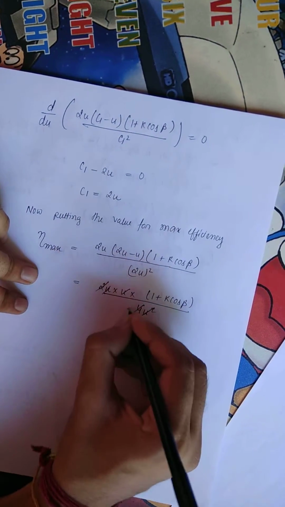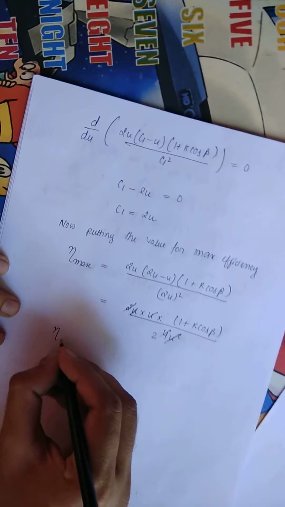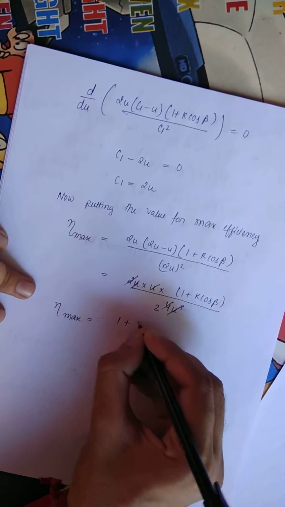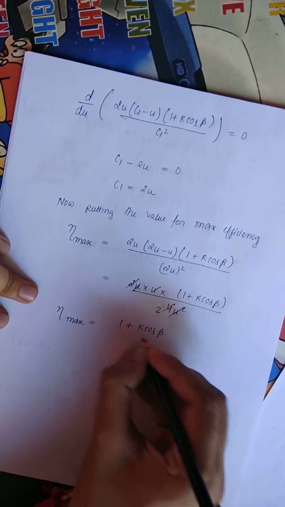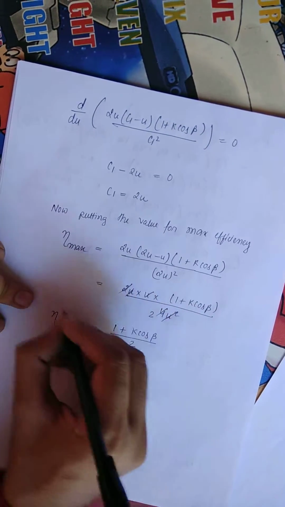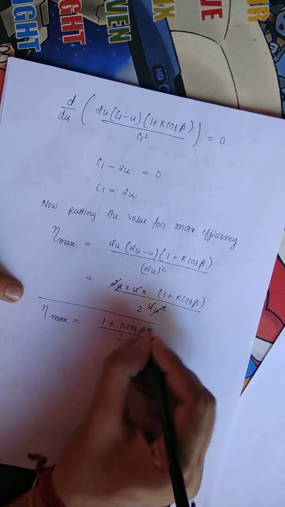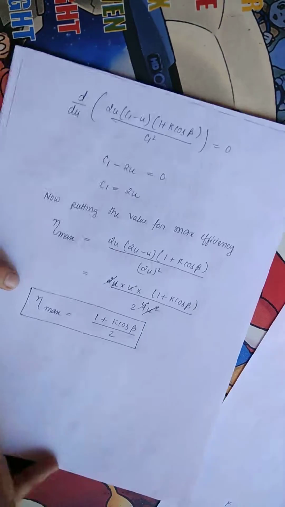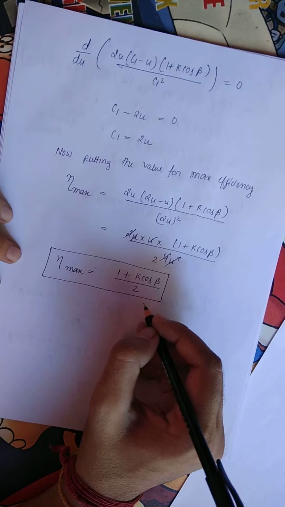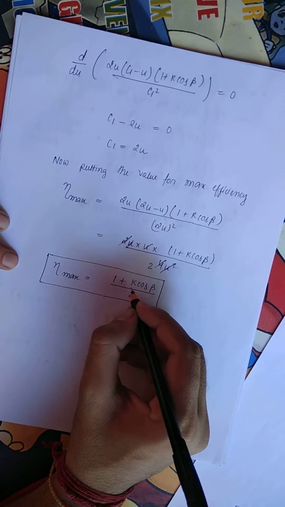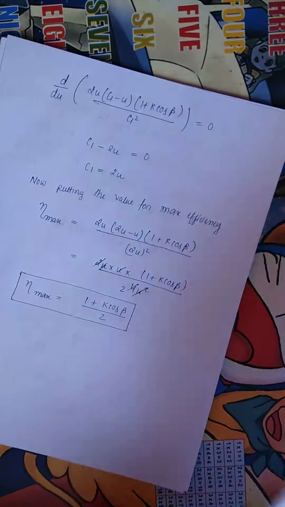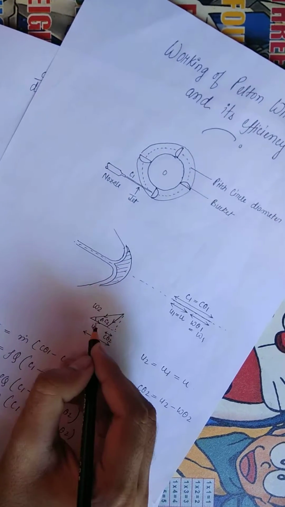Cancelling this, we finally have the maximum efficiency of the Pelton wheel as (1 plus K cos beta) by 2. Hence, this is the maximum efficiency for the Pelton wheel, where K is the blade friction coefficient and beta is the blade angle being formed.